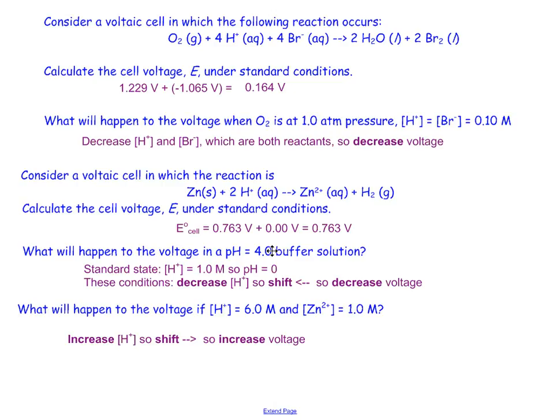It's a whole lot smaller. So if I decrease hydrogen ion, I shift to the left and decrease the voltage. And in the last one, if I increase hydrogen to 6 molar, I increase hydrogen, shifting to the right and increasing the voltage. At this point, you should know enough to be able to finish up the homework assignments and the free response. Let me know if you have any questions.